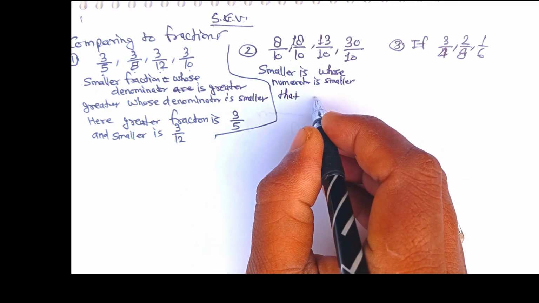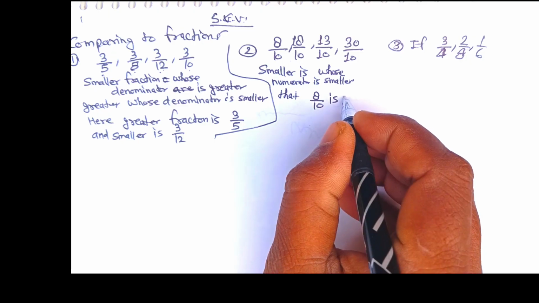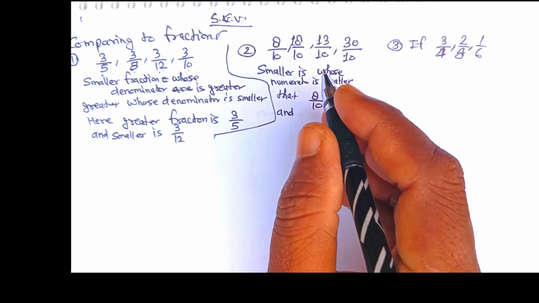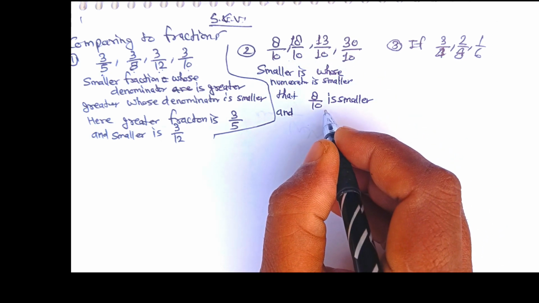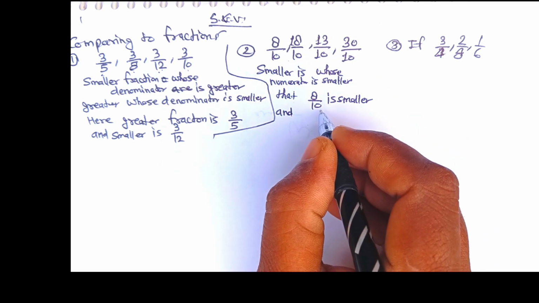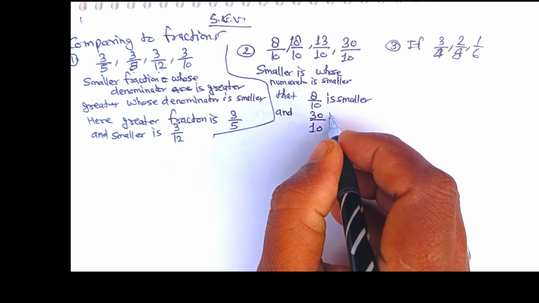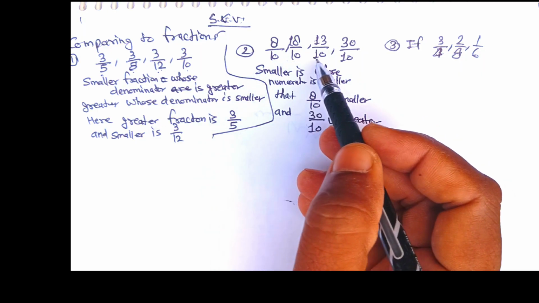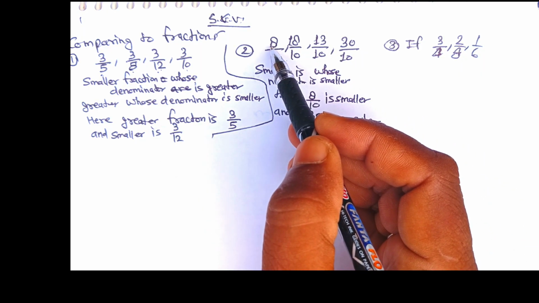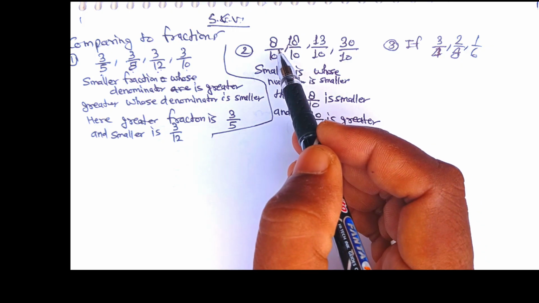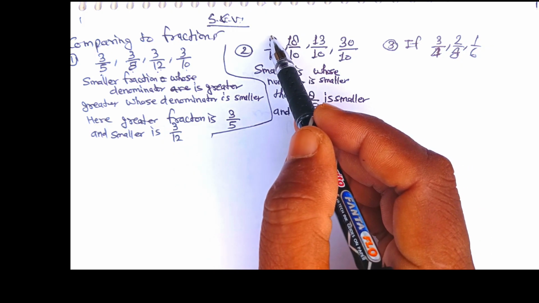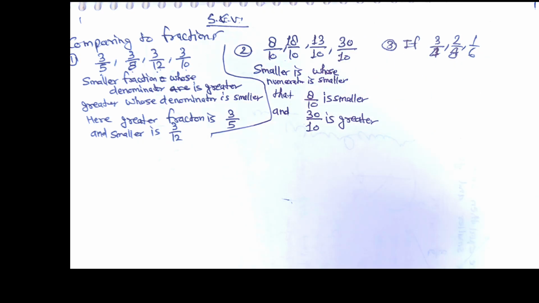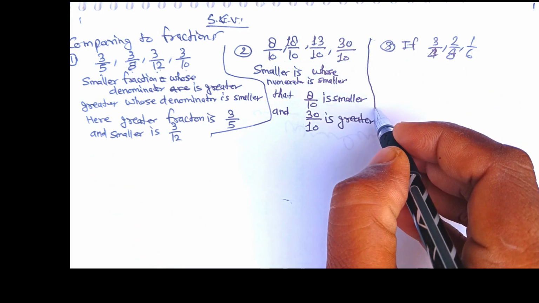Here 8 upon 10 is smaller and 30 upon 10 is greater. If denominators are equal and their numerators are unequal, their smaller fraction is also whose numerator is smaller and greater is whose numerator is greater.